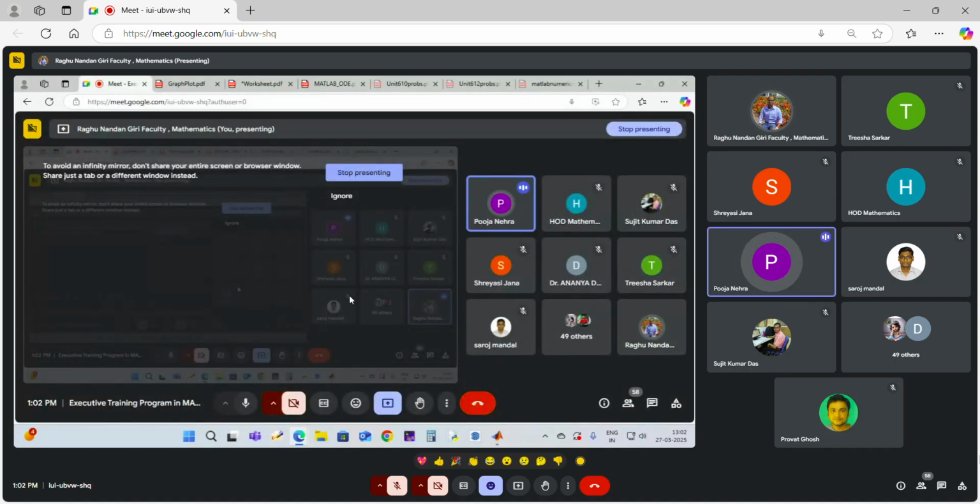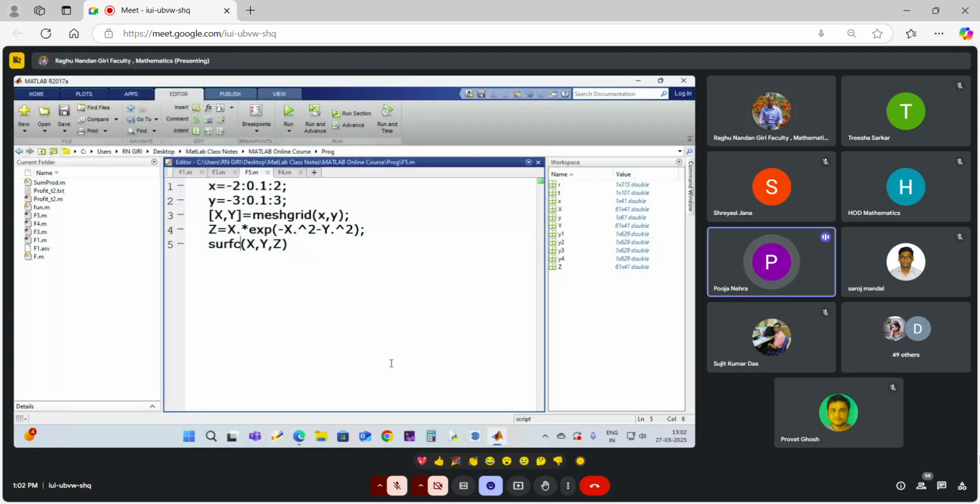Sir, please open the code which is with contour. Okay, contour. This is the surface with contour.